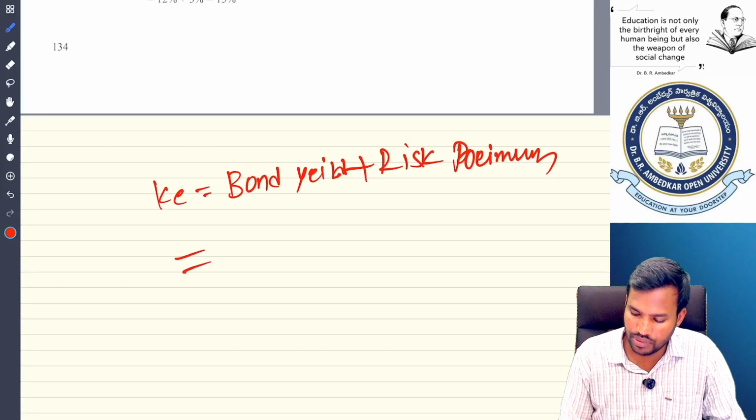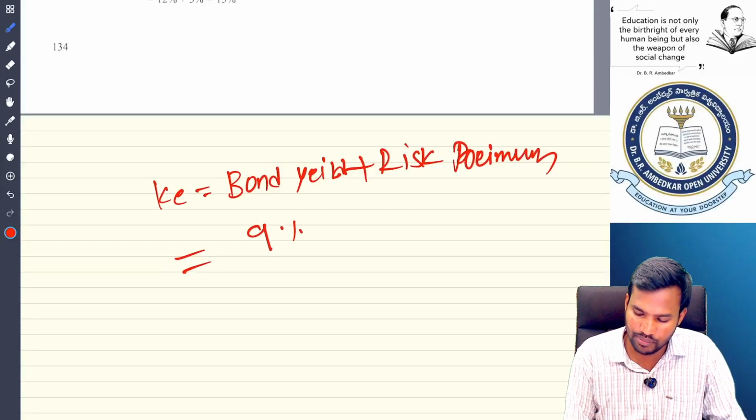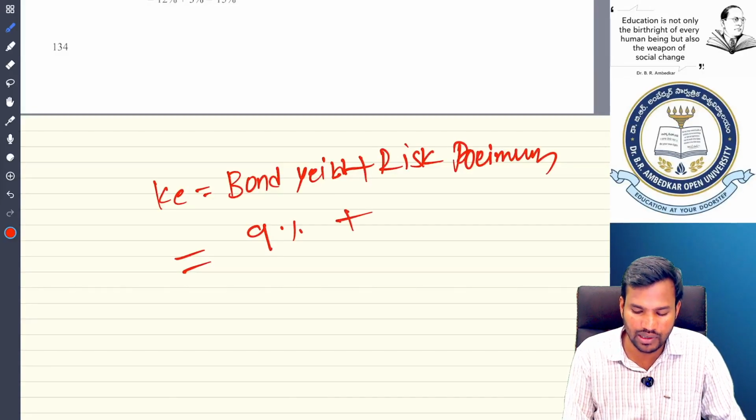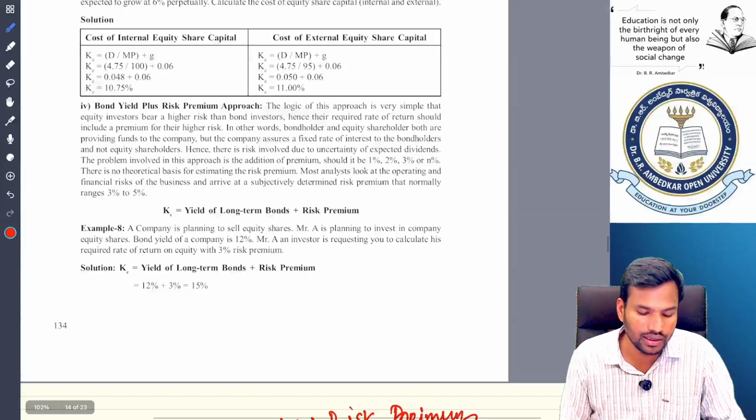Suppose a bond yield is 9%, risk premium is 4%, then it will become 13%. Means how much yield the bond is giving, plus risk we are also adding.